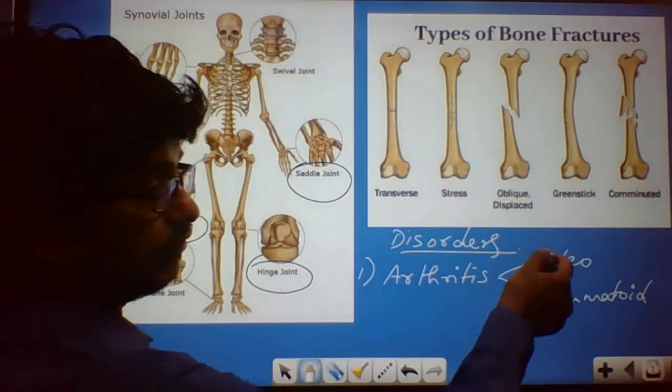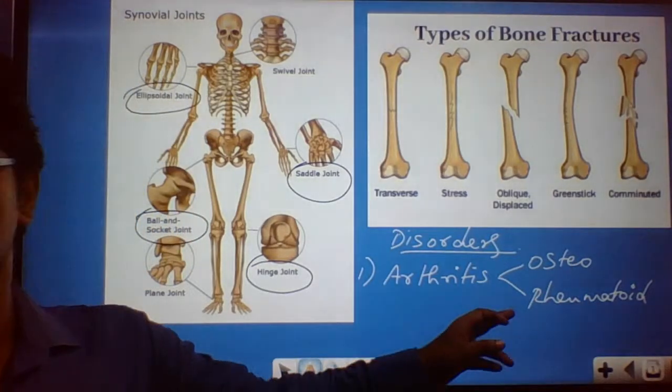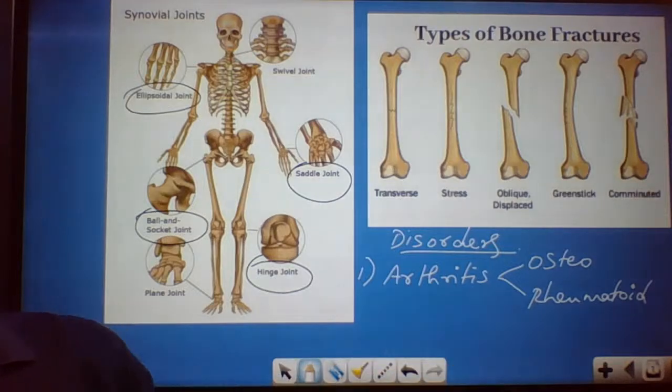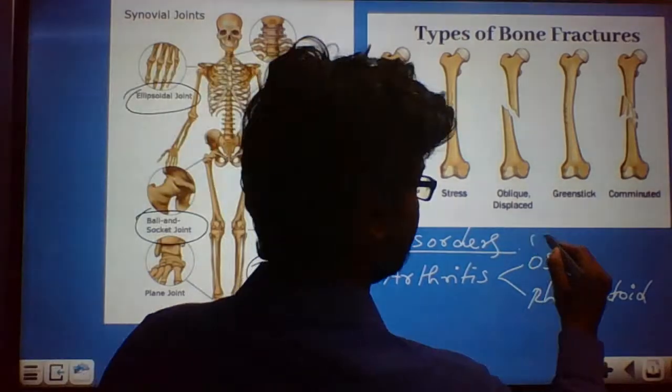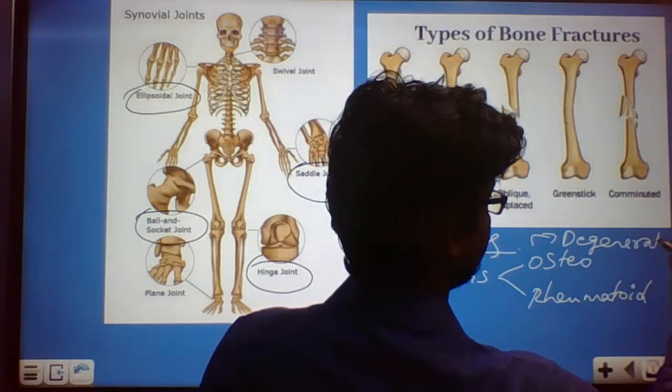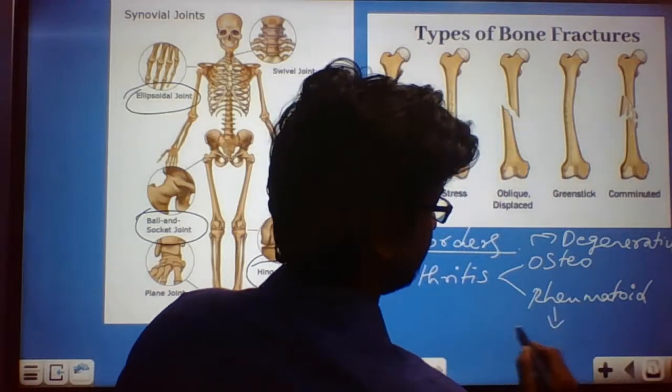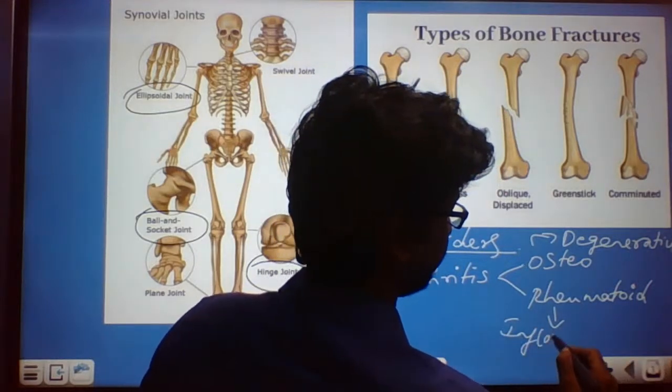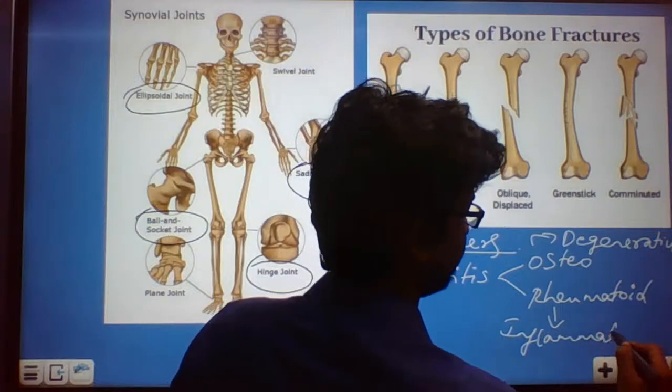What makes the difference between osteoarthritis and rheumatoid arthritis? Osteoarthritis is degenerative. Rheumatoid arthritis is inflammatory. In this way, you can differentiate.